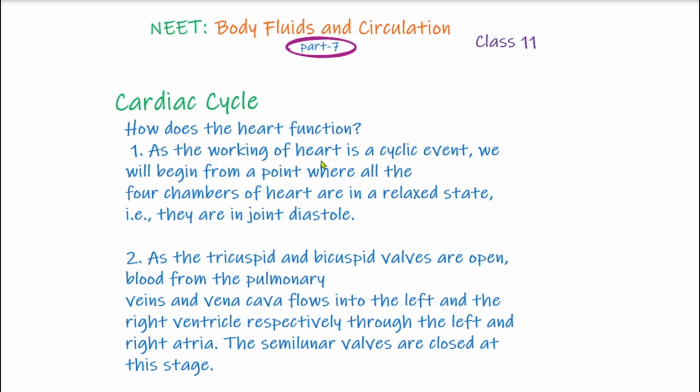As the working of the heart is a cyclic event, we will begin from a point where all the four chambers of the heart are in a relaxed state, that is, in joint diastole.